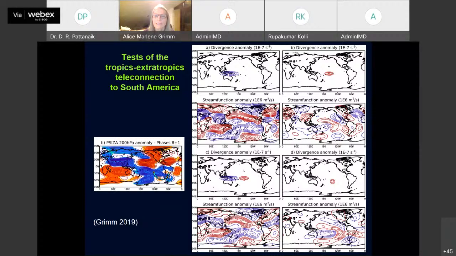But when we use this here in the subtropics of the Central East South Pacific, we get exactly this wave train connecting to South America. So the most important convection anomaly is not the strongest one, it is the one situated in a region of the highest influence. Next, please.